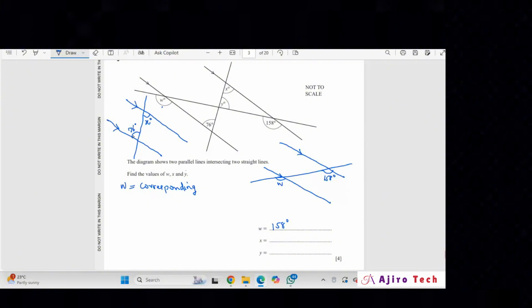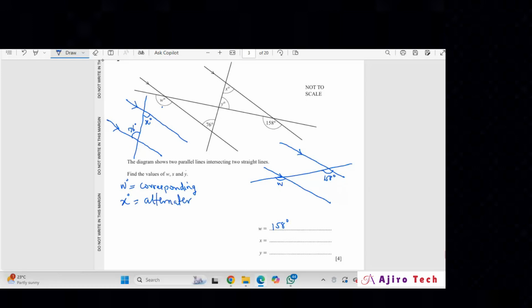You can see that this and this form a Z angle. Corresponding angles always form an F shape. If you look at it now, it forms an F shape. But if it's forming a Z shape, they are always giving you alternate angles. So W is corresponding, and S is going to be alternate.